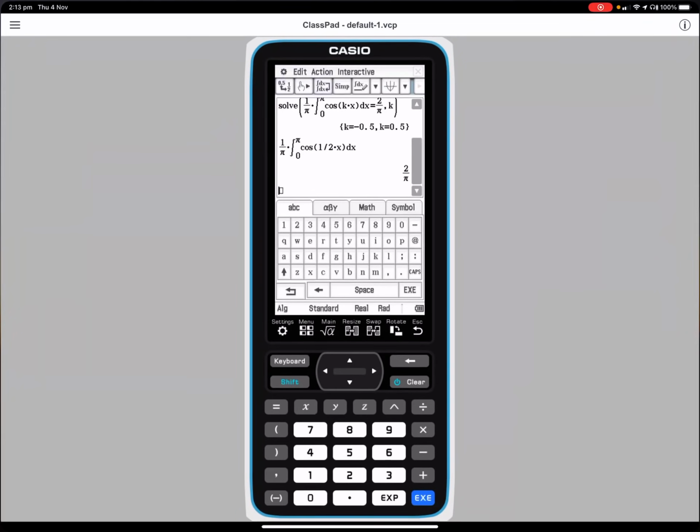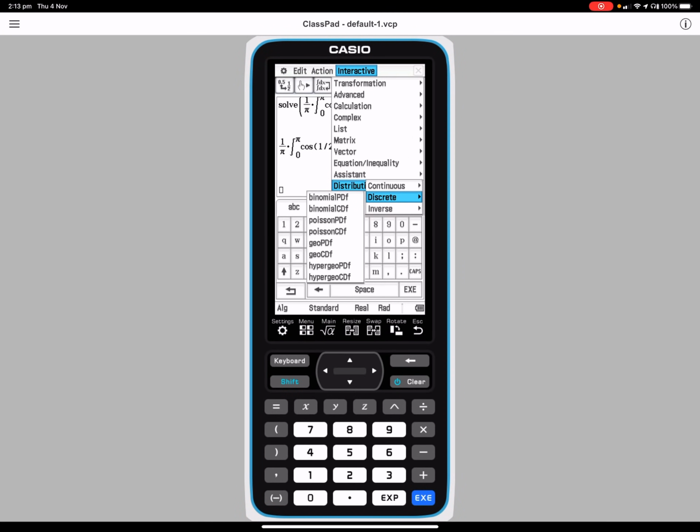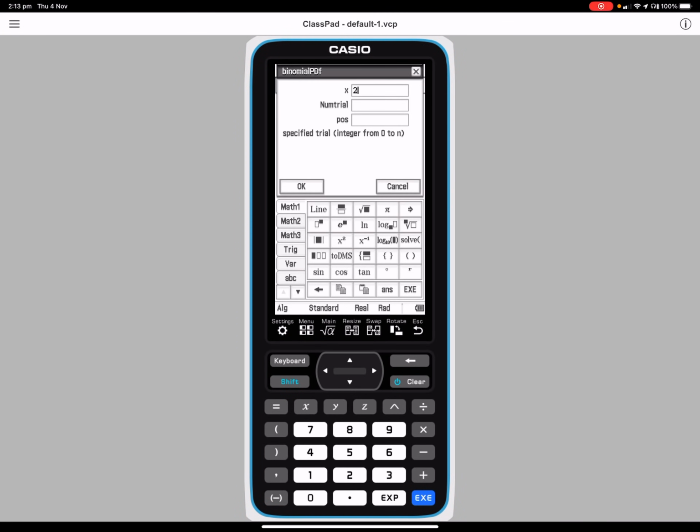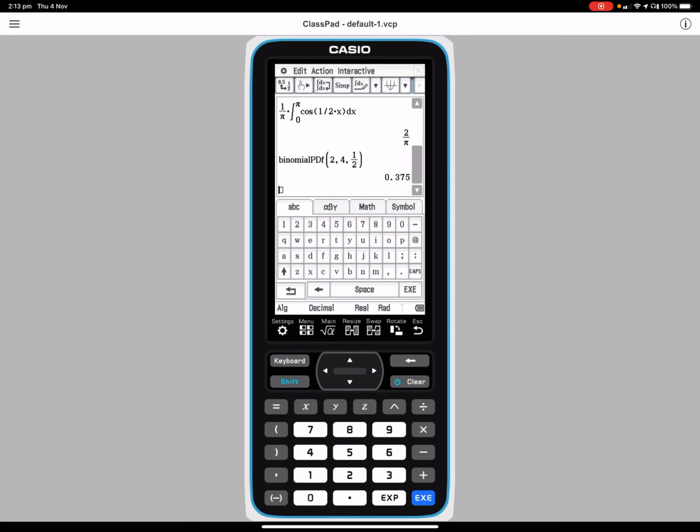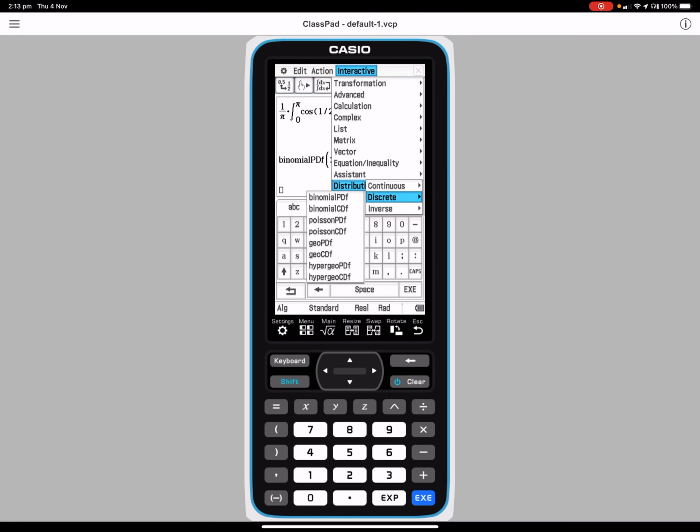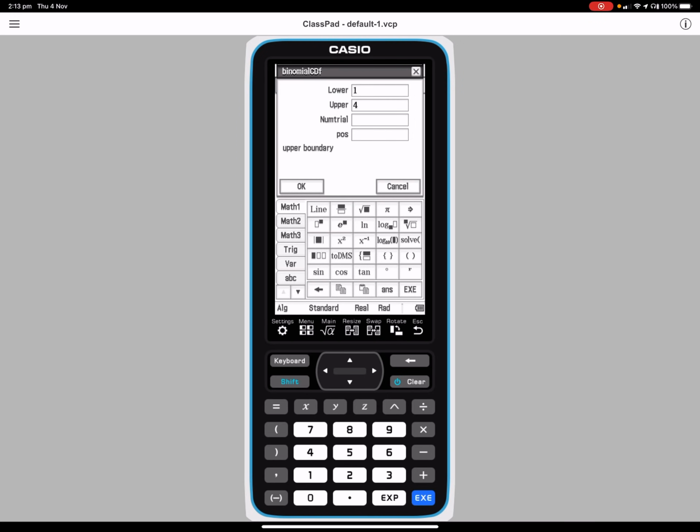So we say 2 heads out of 4, and there's a half chance of getting a head. And then I want to find greater than or equal to 1.